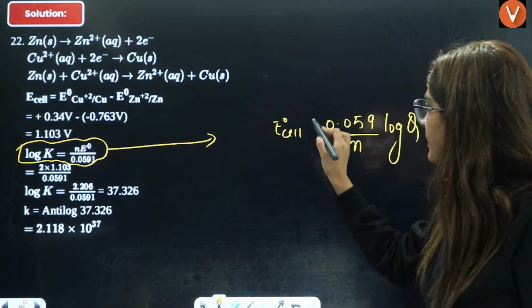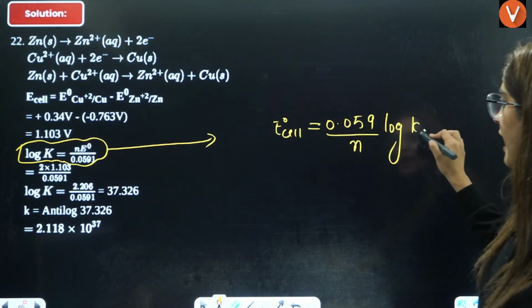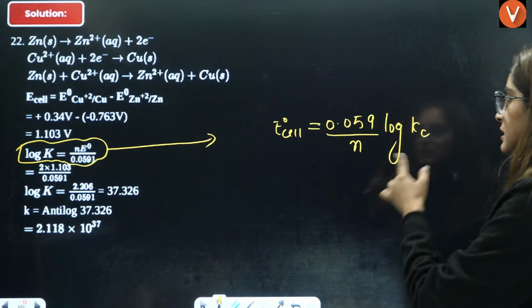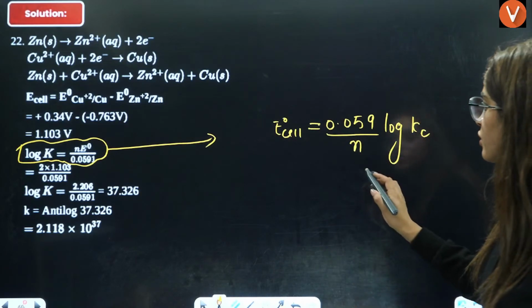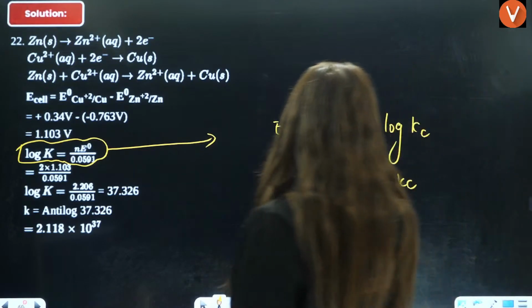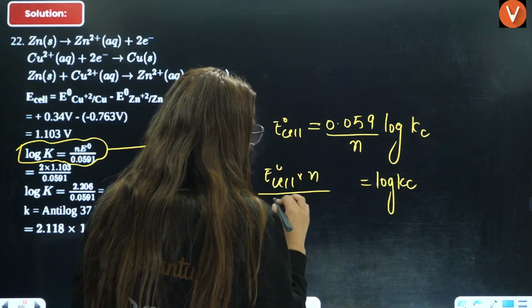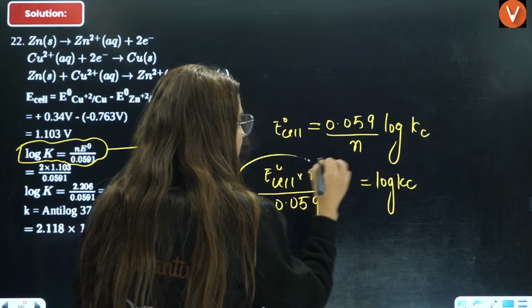So here reaction quotient will become Kc. This is the relation. They are asking the value of Kc, so log of Kc is equal to E0 cell multiplied by n divided by 0.059, right?